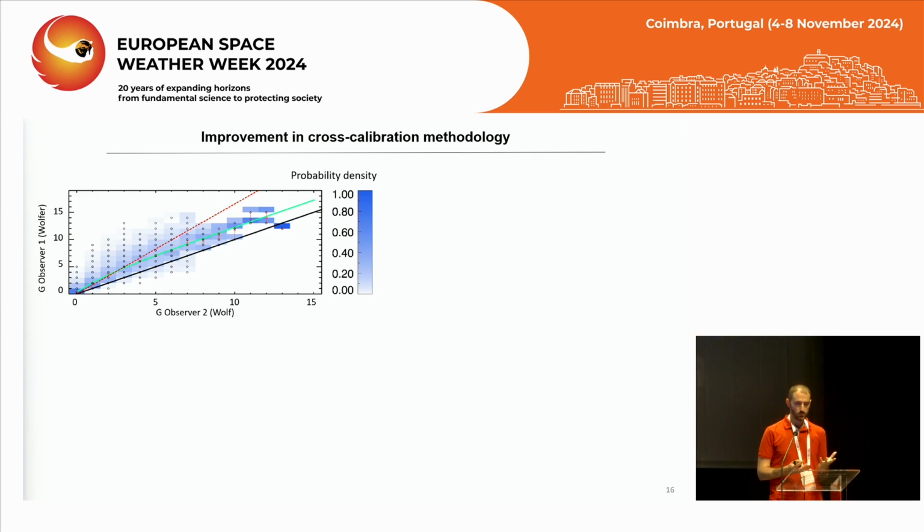And we normalized each one of those by the total number of days, and we get this matrix with probability distribution functions that you can see. And we can use this in a very straightforward way to directly calibrate the data from one observer to the other.